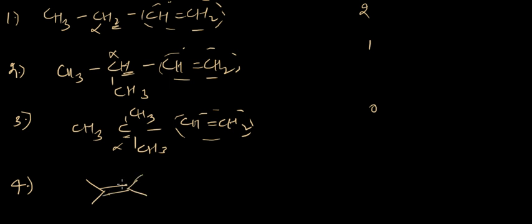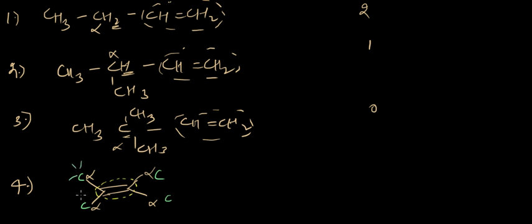So let's calculate the number of alpha hydrogens for this compound. How many alpha hydrogens are there? This is the alpha carbon, this is the alpha carbon, this is the alpha carbon, this is the alpha carbon. Why? Because these are the carbon atoms directly attached to the alkene. So here is a C atom, here is a C atom, here is a C atom, here is a C atom.